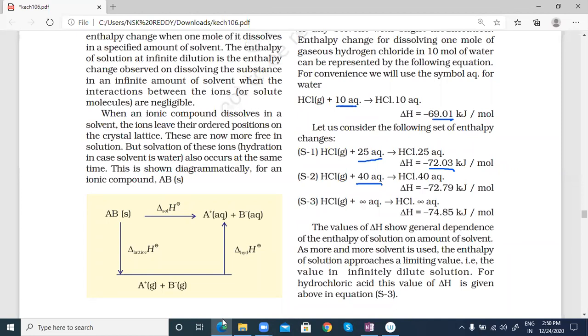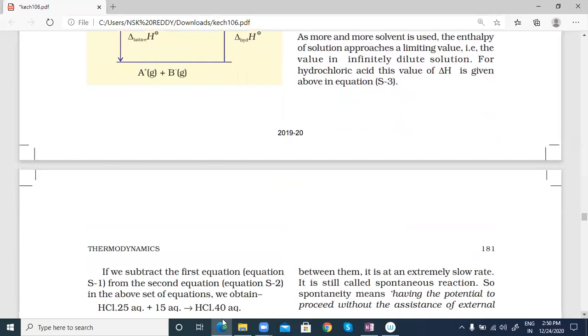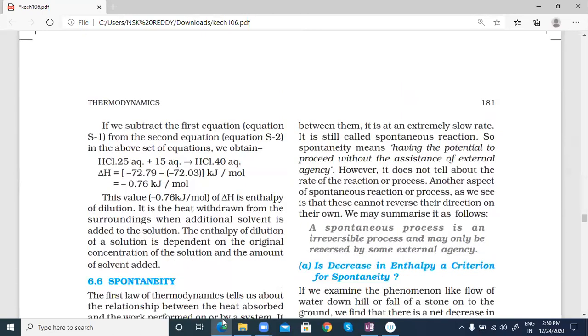Then with 40 moles of aqueous, at infinite dilution, we finally get the answer. So at infinite dilution, we say it is the enthalpy of solution. Upon dilution step by step, we get energy changes, the enthalpy of dilution. If we add a small amount at a time, that is enthalpy of dilution, but if we add the whole amount at once, that is enthalpy of solution.